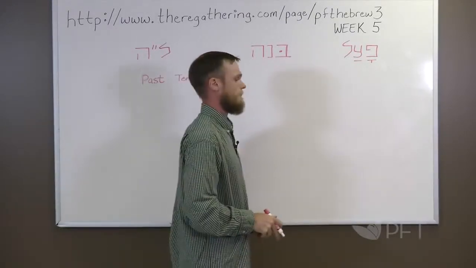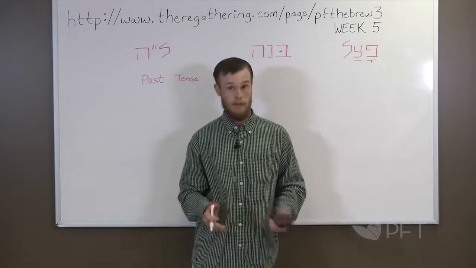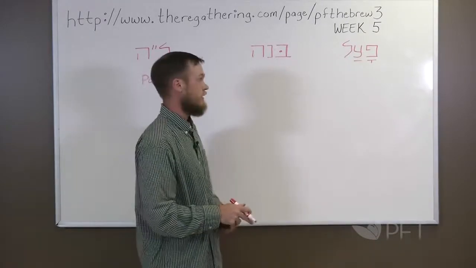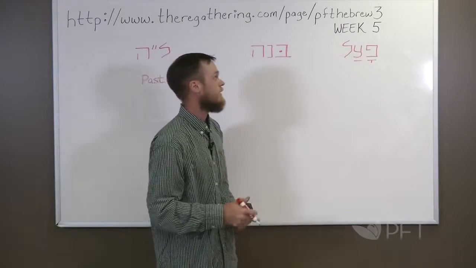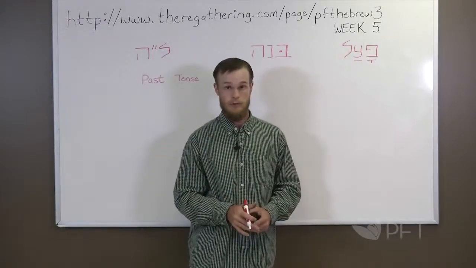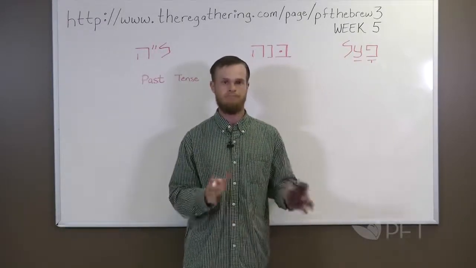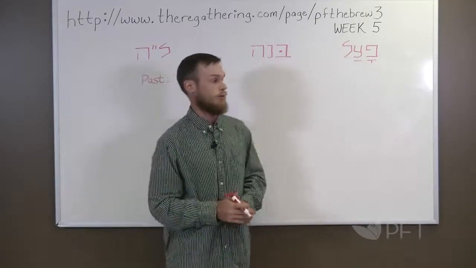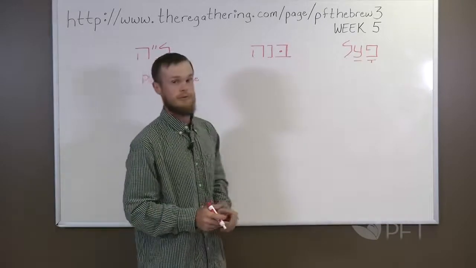That's why I encourage you to memorize the Shlamim, memorize the Pa'al Shlamim, because then you can contrast that with the other Gizrot, and it forms a way for you to distinguish between them and also to recognize the roots.